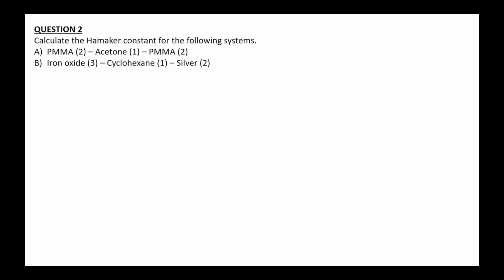So your system A is PMMA, acetone, PMMA, that is two similar particles separated by a medium, and your system B is iron oxide, cyclohexane and silver, that is two dissimilar particles separated by cyclohexane. So has anybody calculated the Hamaker's constant for these two systems? Any response?